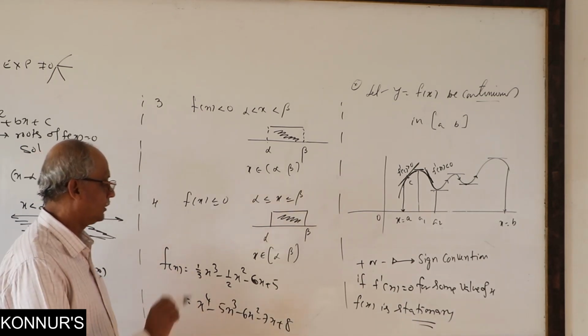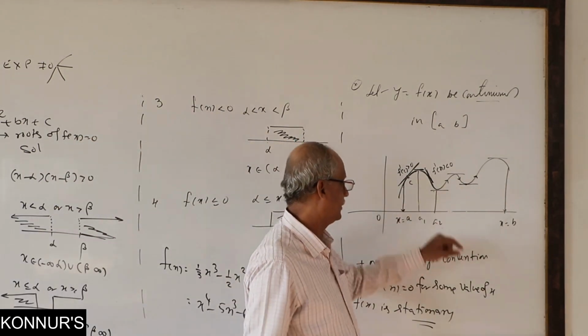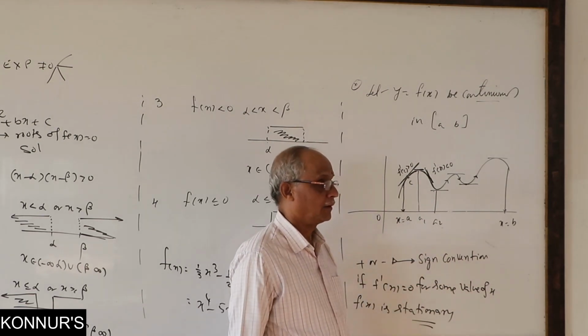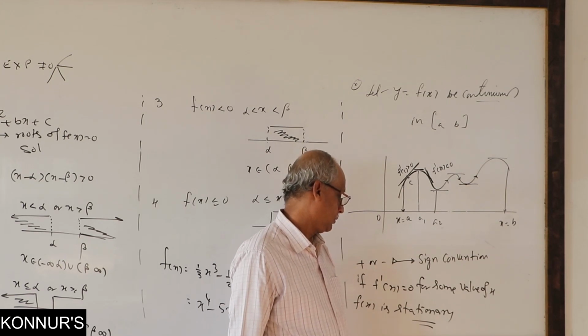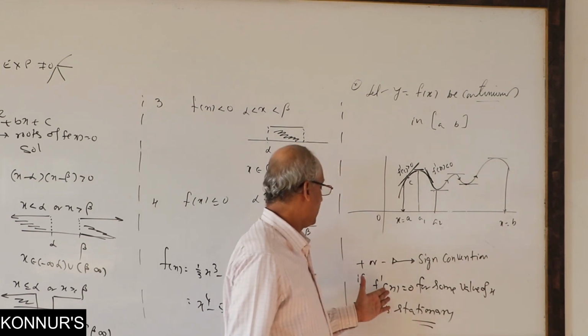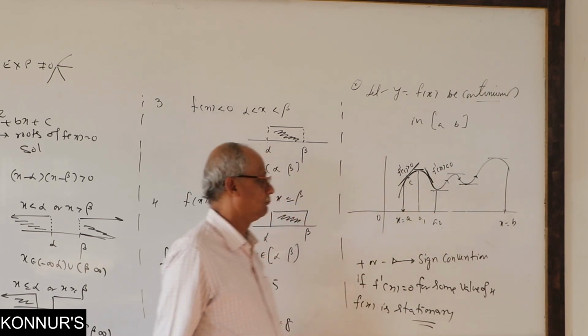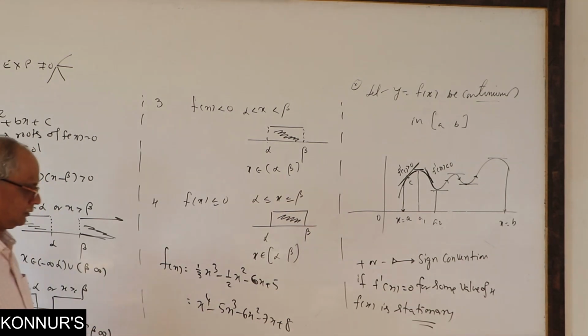Okay, that is the story of increase, decrease, and then stationary points. Suppose the derivative is totally a nonzero number, you will not find derivative 0. Okay, no stationary point.